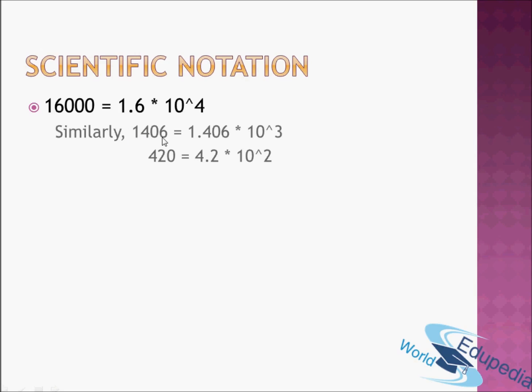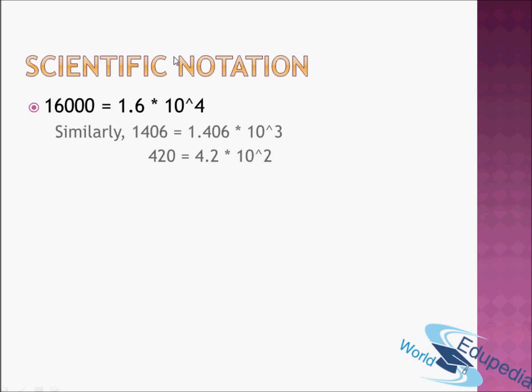Again, 1406 has 4 significant figures, so on the right hand side we again have 4 significant figures, 1.406. 420 has only 2 significant figures, 4 and 2. The 0 here is not a significant figure, so we have written it as 4.2. If the number was 420.0, there would have been 3 significant figures, 4, 2 as well as 0, and on the right hand side we would write 4.20 multiplied by 10 to the power 2. The number of significant figures on both sides must be maintained.